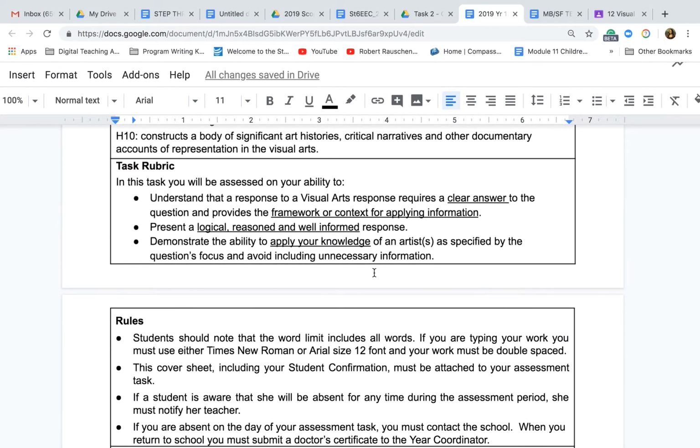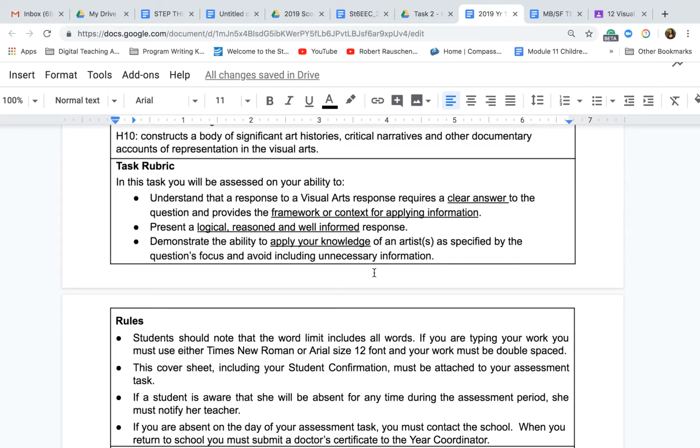Going back up to the task rubric, the first point says to understand that a response to the visual arts requires a clear answer to the question and provides the framework or context for applying information. Essentially, one of the first aims in this essay is that you know what the specifics of the question are, you understand the keywords, and you understand the point that needs to be consistently driven throughout your whole essay.